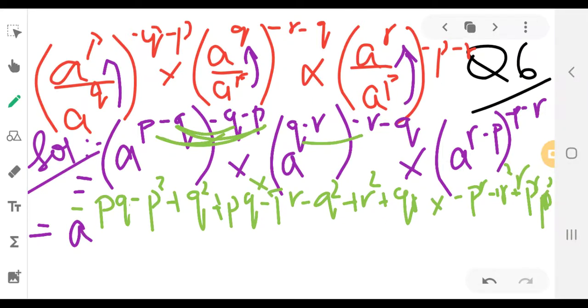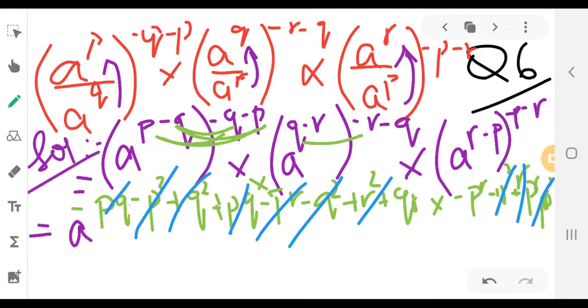So we can cancel the opposite terms with each other, like minus pq can be cancelled with plus pq, minus p square can be cancelled with plus p square, then plus q square can be cancelled with minus q square, minus pr can be cancelled with plus pr, plus r square can be cancelled with minus r square, and plus qr can be cancelled with minus qr.